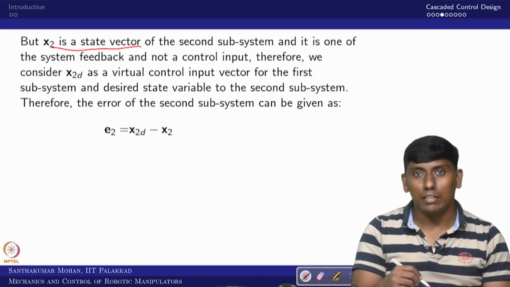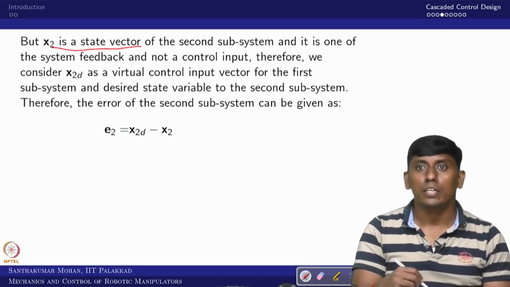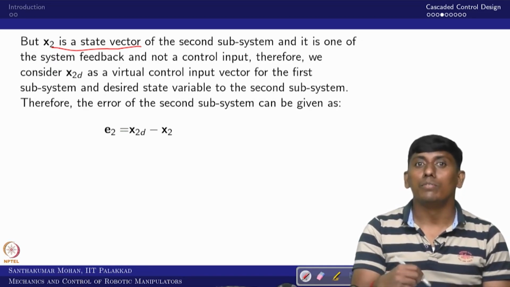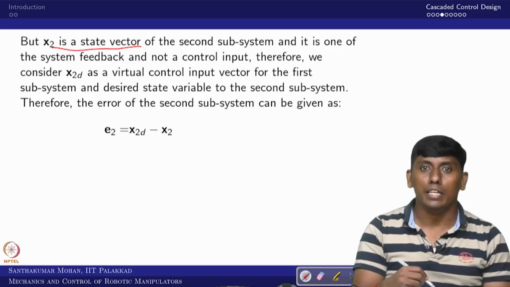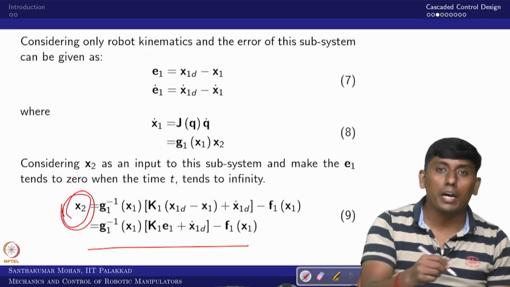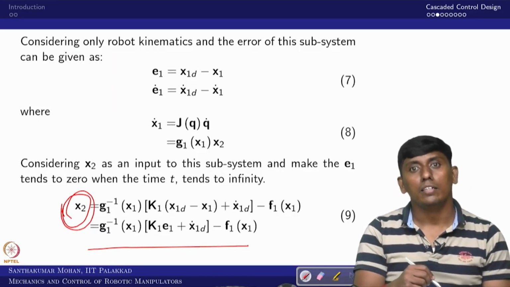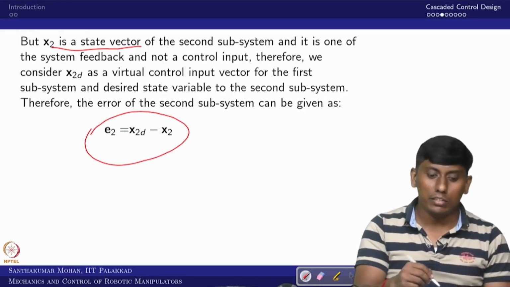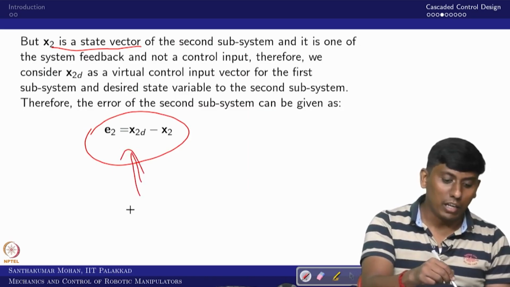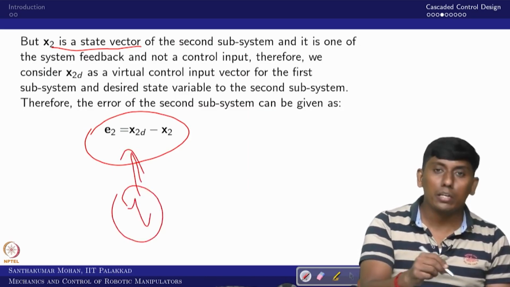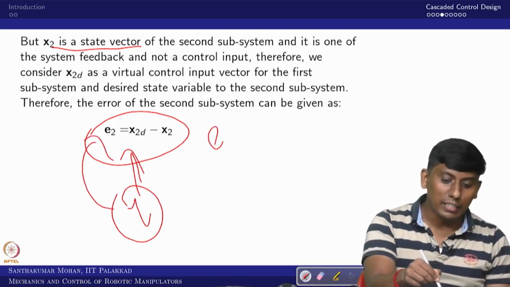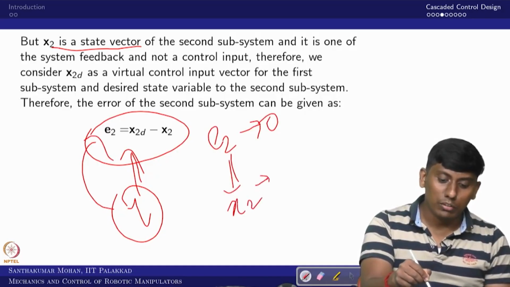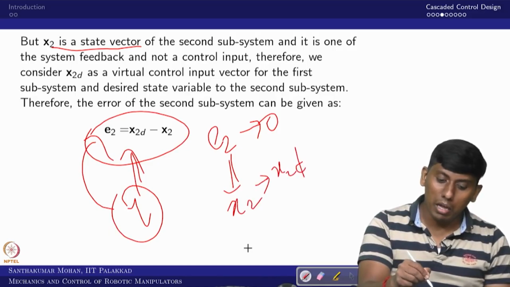If the x2 is a state vector of a second subsystem, it is one of the system feedback, not a control input, then instead of what we have derived here, I can consider x2 as x2 desired. Then an error will come. If this error converges in the second subsystem, where tau is the input, and I choose a proper tau in such a way that this E2 tends to 0, then x2 tends to x2 desired. So then what happened?